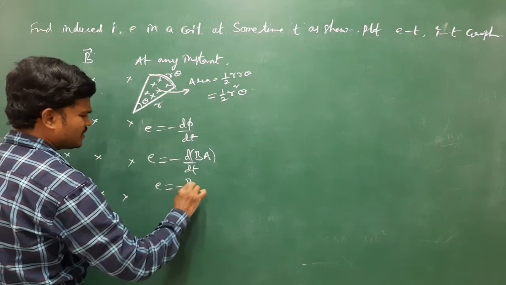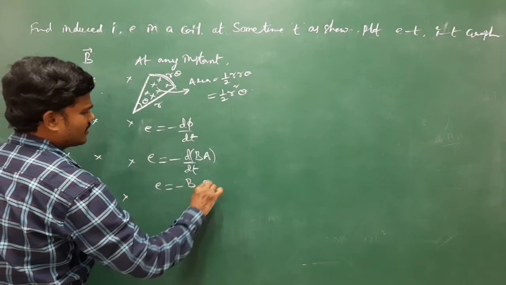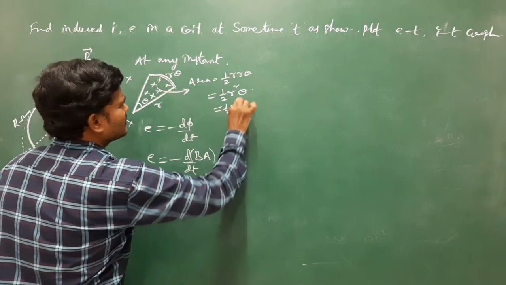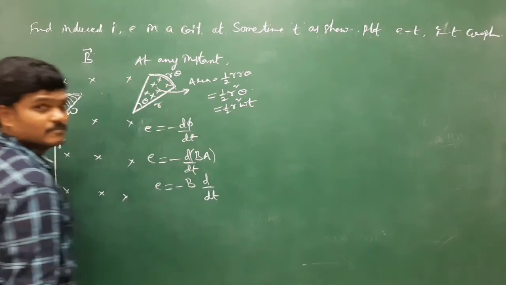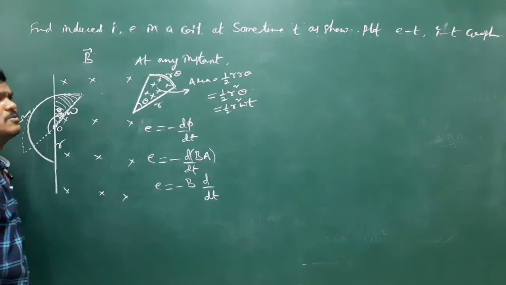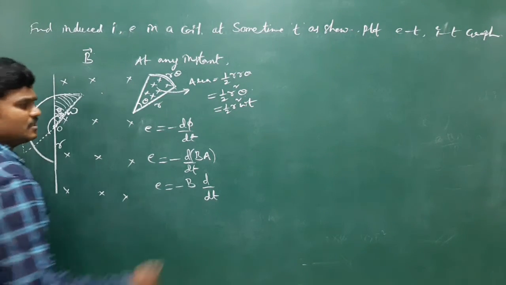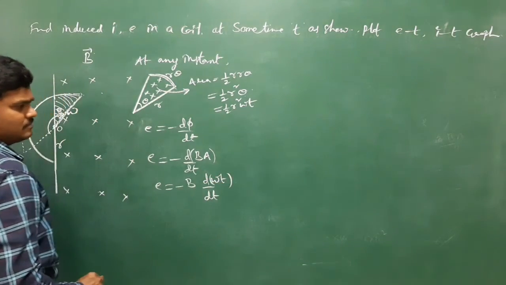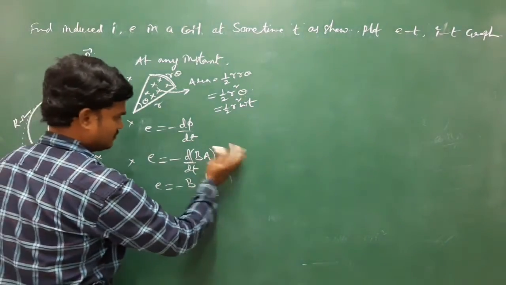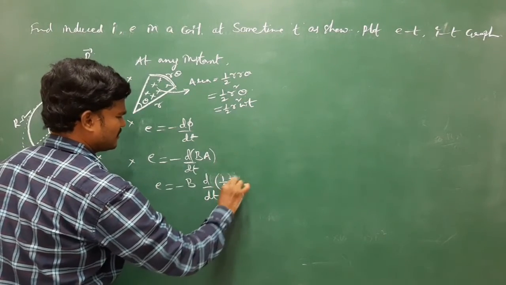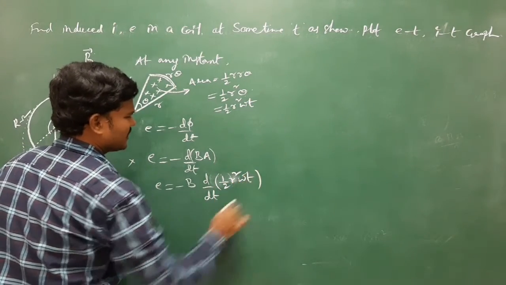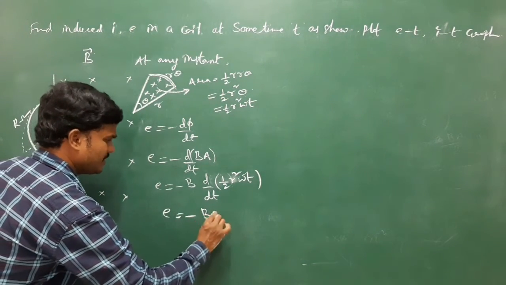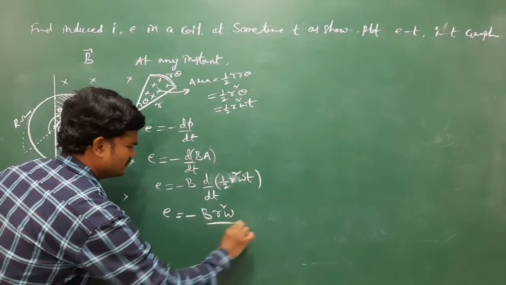B is constant, and for d by dt, the area is half r square theta, where theta is nothing but omega t, since omega is theta by t, the angular velocity. So half r square omega t. Now we get EMF equal to minus B r square omega by 2.